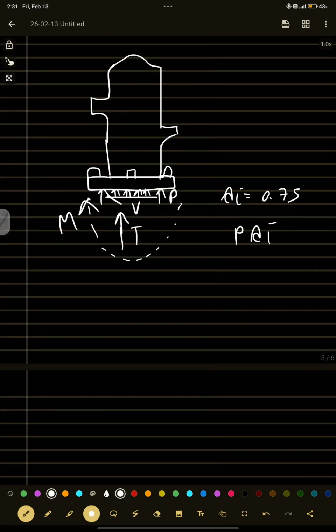So you can write UO1. Here in summation F you will write as per the coordinate system which is already mentioned in the problem.